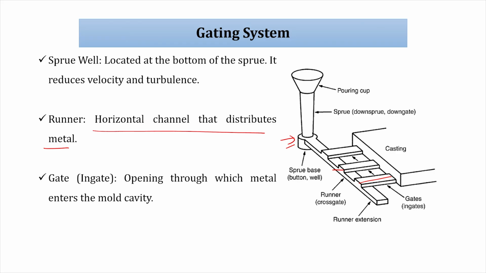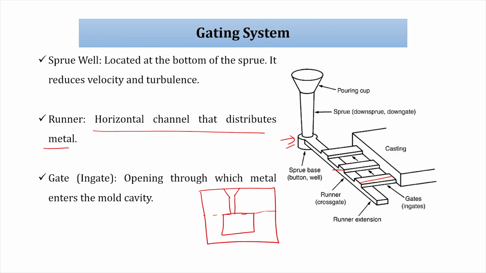In some castings, the runner behaves as an ingate also. In some pattern designs or casting designs, the runners behave as ingates. You can assume a simple casting with a loose piece pattern, a single pattern. This is our mold cavity. This is a pouring cup, a sprue, and a runner. This sprue behaves as a runner as well as being directly connected to the casting, so there are no ingates.